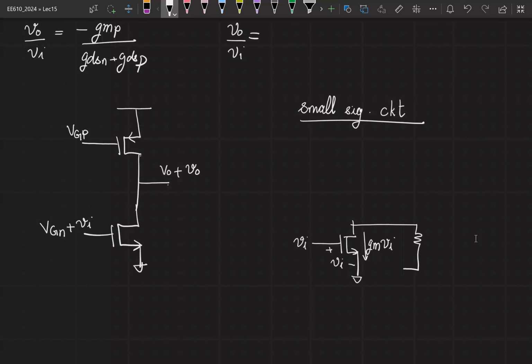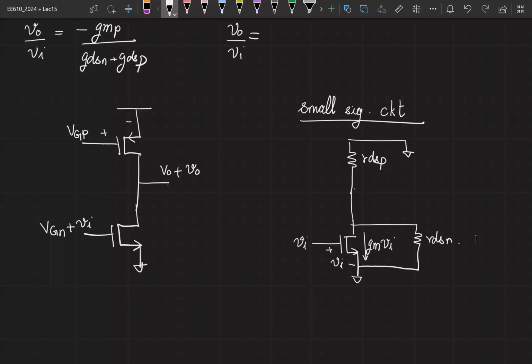And you have RDSN here. What happens to the PMOS transistor? The current flowing through the PMOS transistor will be 0 because the VGS of the PMOS transistor is 0. Therefore, you will only have RDSP, right? And this is connected to the ground.